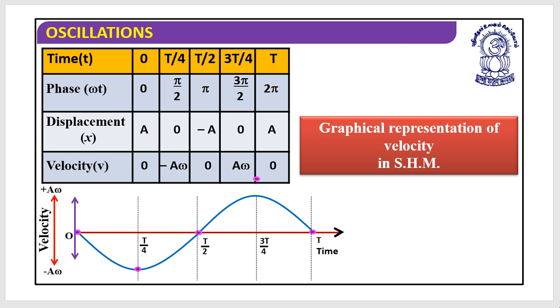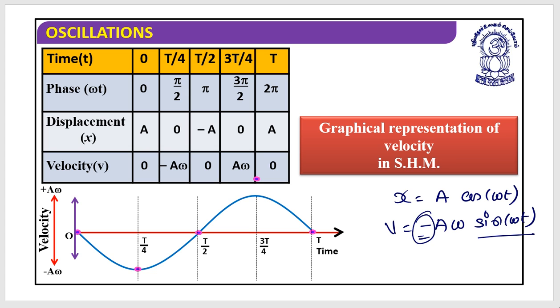Next is the velocity when x is equal to a cos omega t. V was minus a omega sine omega t. As minus is written over here, it is simply the sine curve multiplied by minus 1.